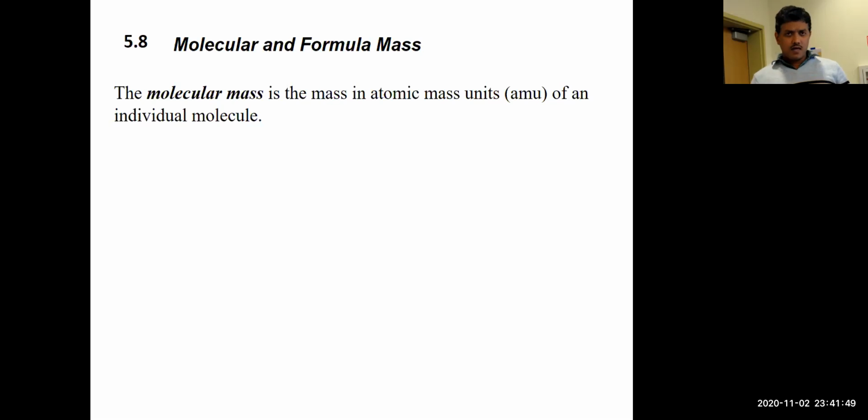We discussed some of this already in chapter 2. At the end of chapter 2, we discussed molecular mass and moles and how to identify the number of molecules. Here we are discussing again because we discussed some of the related things in this chapter.